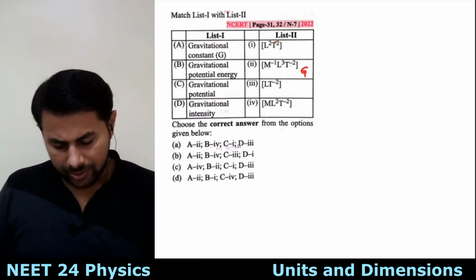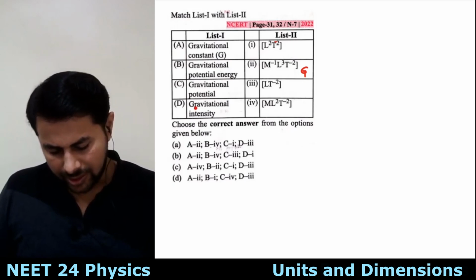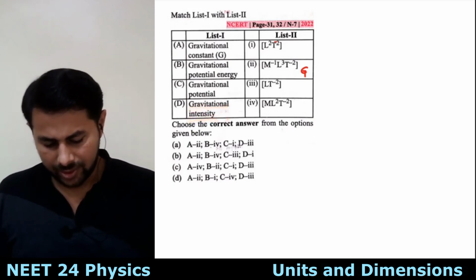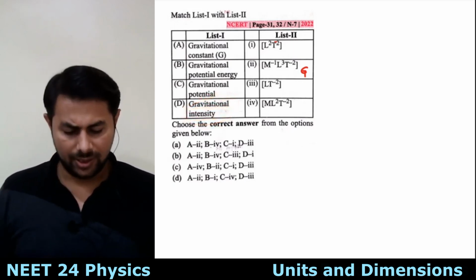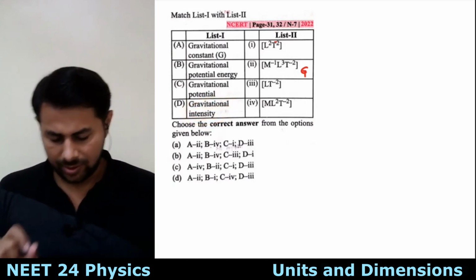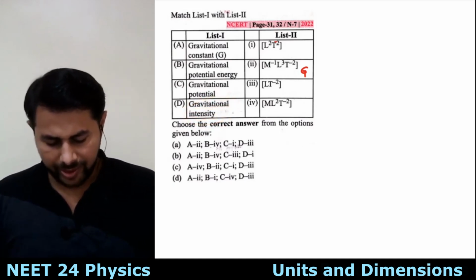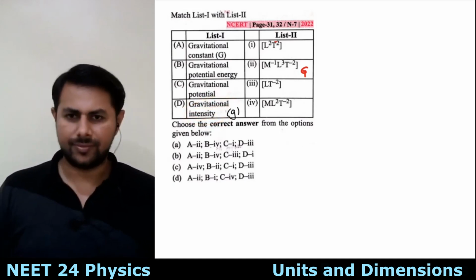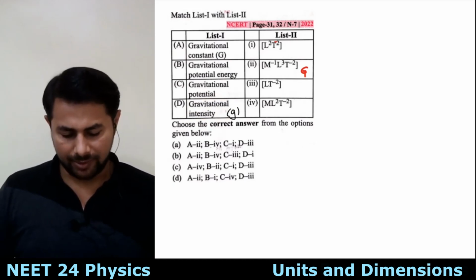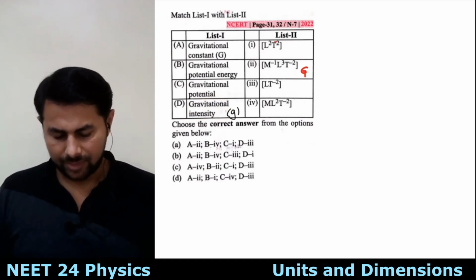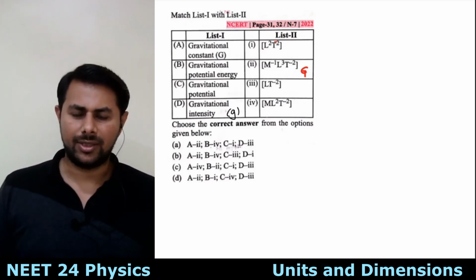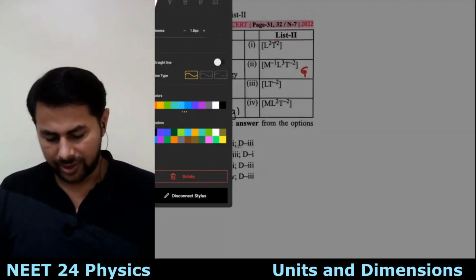Yeah. So then next is gravitational intensity. Gravitational intensity means your small g only. So what are the dimensions? Small g means what? Acceleration only. Acceleration due to gravity is gravitational intensity. What are the dimensions?